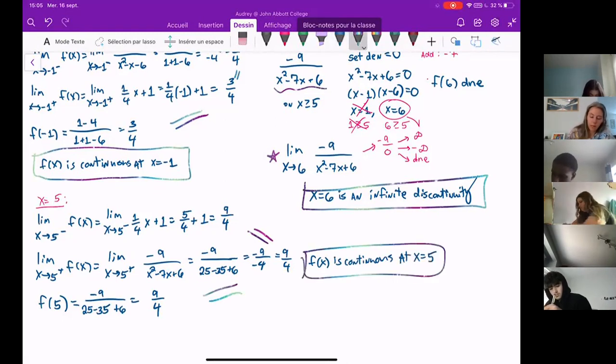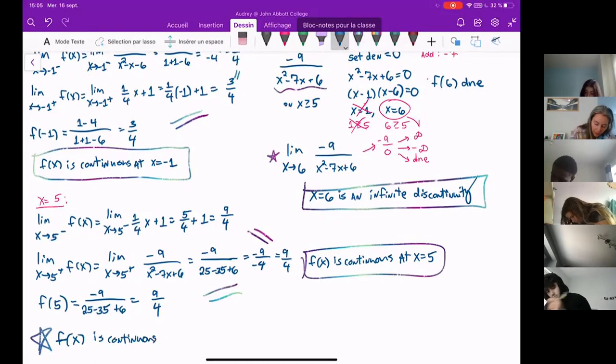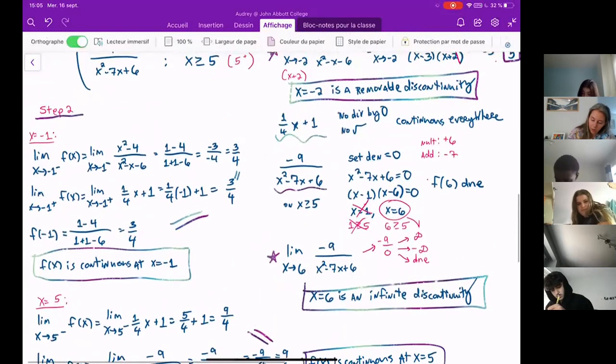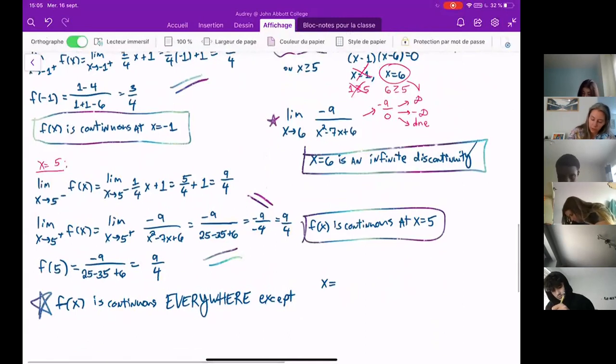So what we're saying here, my final answer would be that f of x is continuous everywhere except x equals -2 and x equals 6.